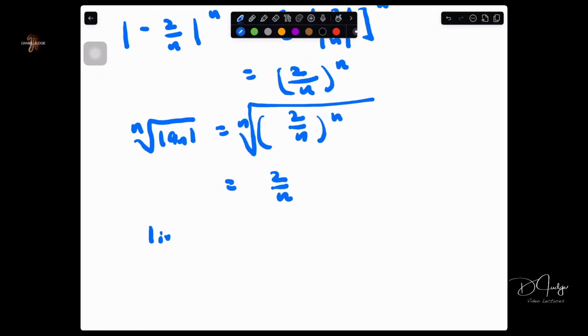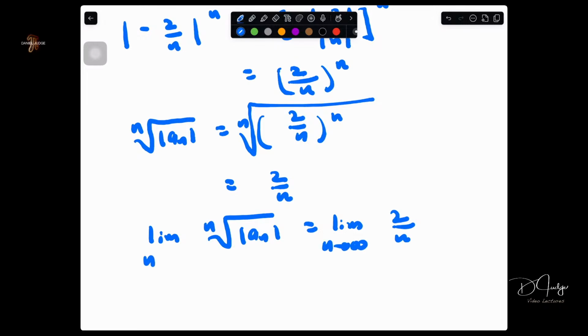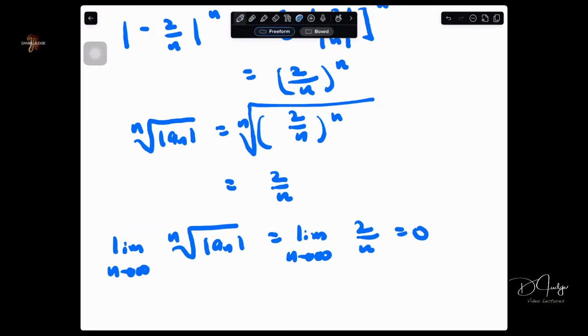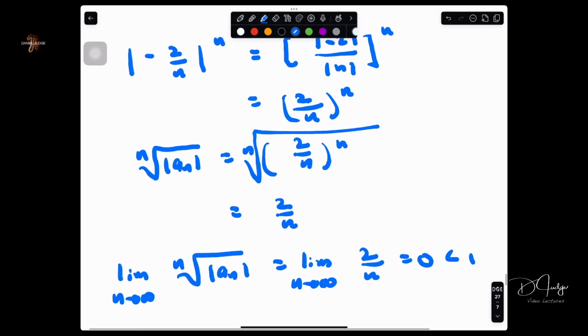So when you apply the limit of the nth root of the absolute value of an, it's the limit of 2 over n. And the limit of 2 over n is 0. That limit that we're looking for is strictly less than 1. Okay, that's what we're looking for.